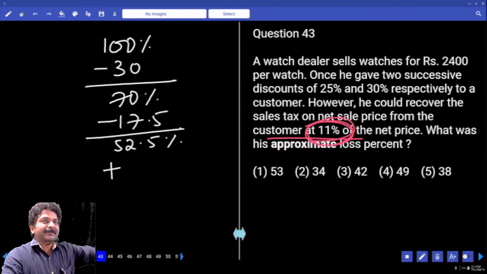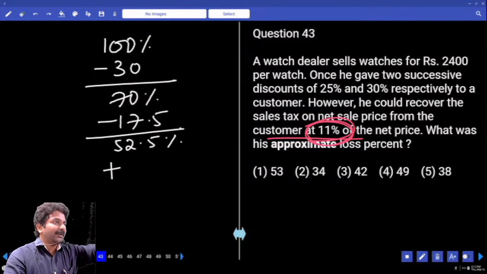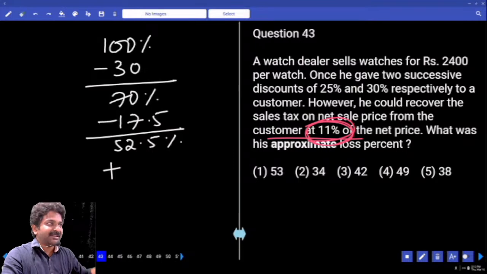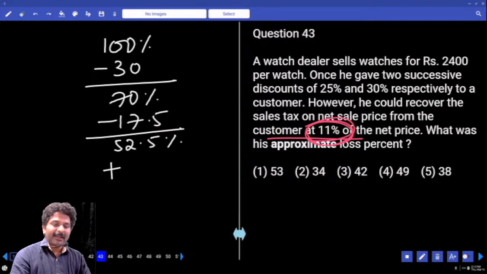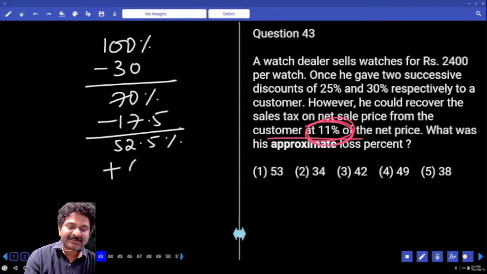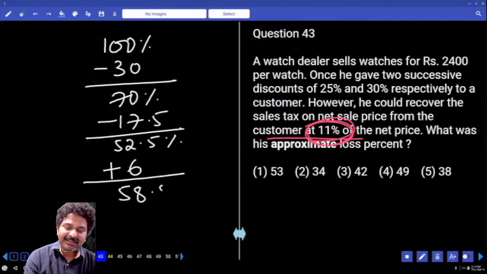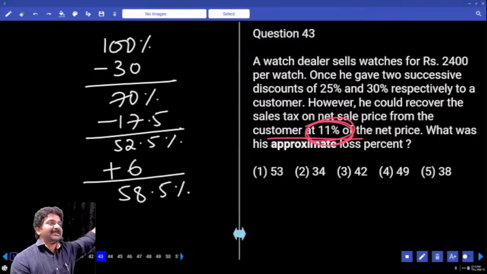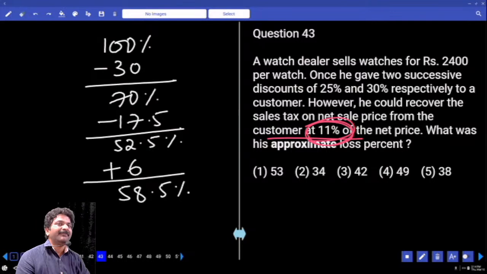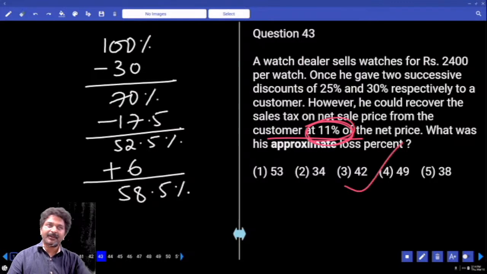What is 10%? 5.25. 1% is 0.525 only. Approximately, can I treat it as 6%? Approximately. So we need to sell the item at 58.5%. But the actual value was 100. But now he is selling it at 58.5. How much loss is made? 41.5%. Approximate answer 42.